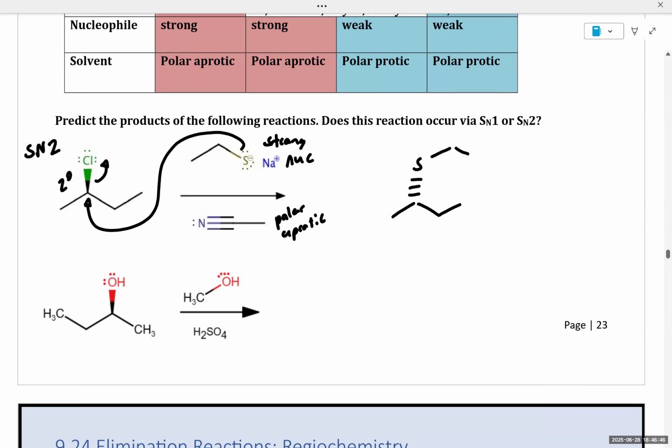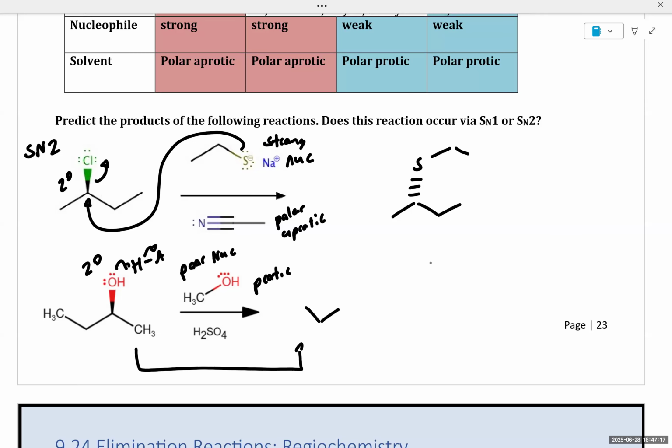Looking at this next case, we have a protic solvent, we have a secondary substrate, and in terms of our nucleophile, we have a relatively poor nucleophile. Methanol, not the best nucleophile. So in this case, we're going to see protonation. That in turn generates a good leaving group.